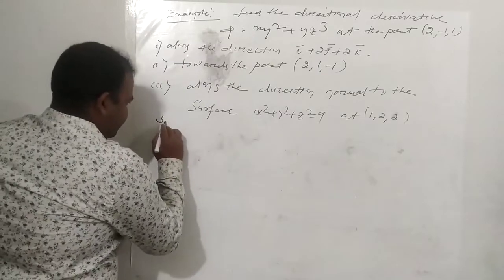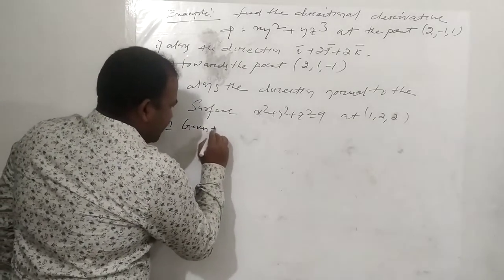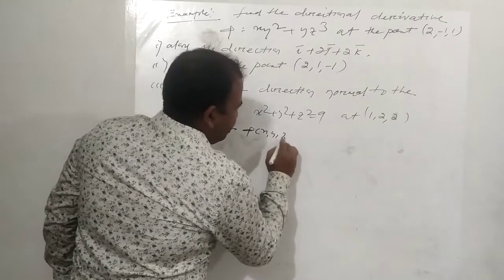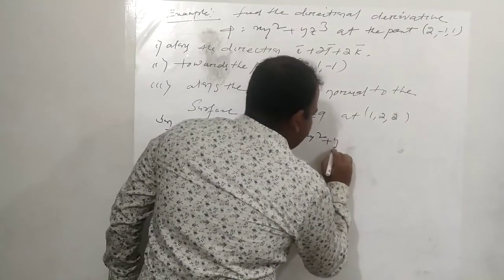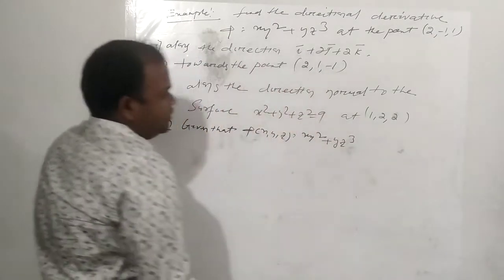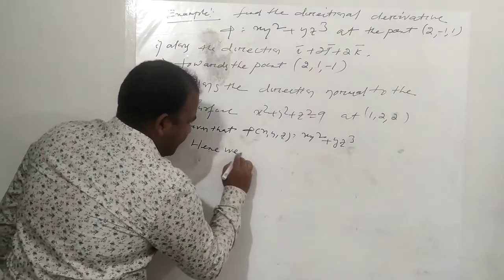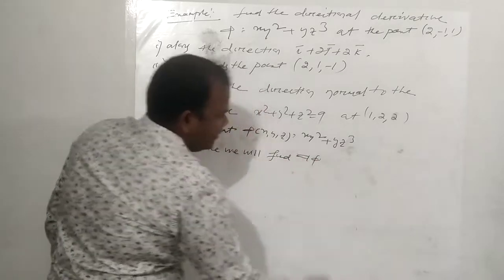Solution. Given that phi of x, y, z equals x y square plus y z cube. So here we will find del phi.